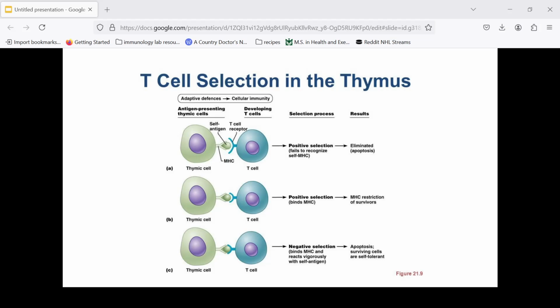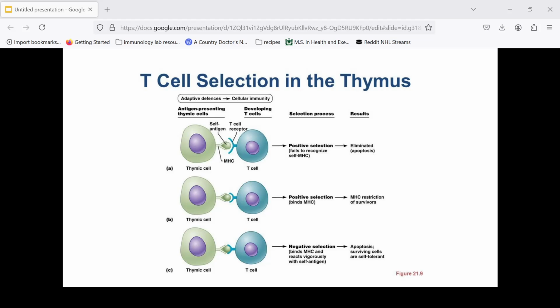That's when we know that they have both receptors, and then they will be selected for MHC restriction, I think is the term. Yes, MHC restriction. So we start with both, then we get presented with some MHC proteins to see what these CD4 and CD8 receptors are able to bind to.